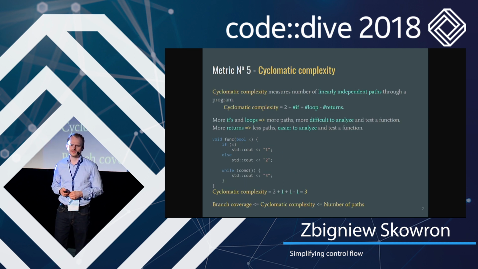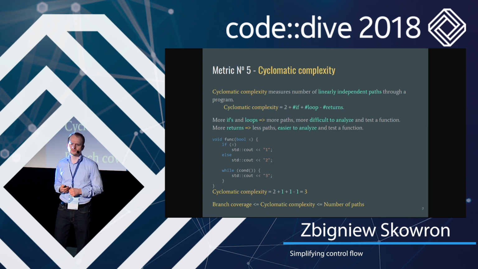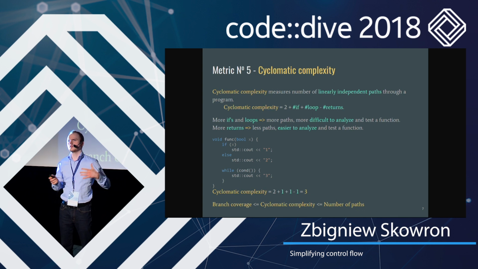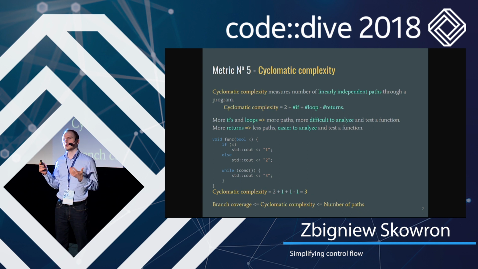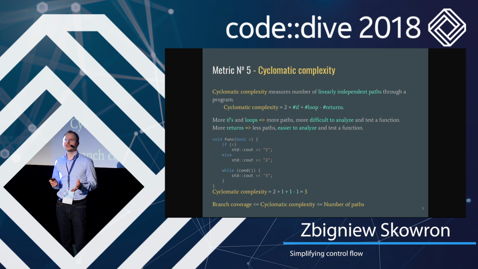Another metric is cyclomatic complexity, and it's something in between the branch coverage and all the possible paths. It's a very conservative compromise between those two.